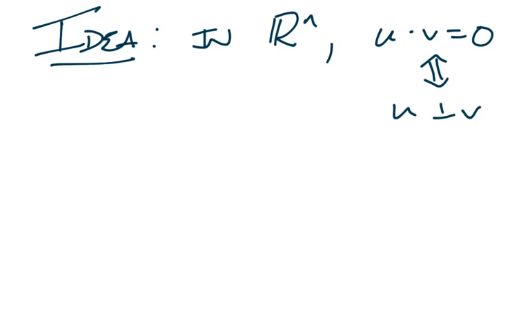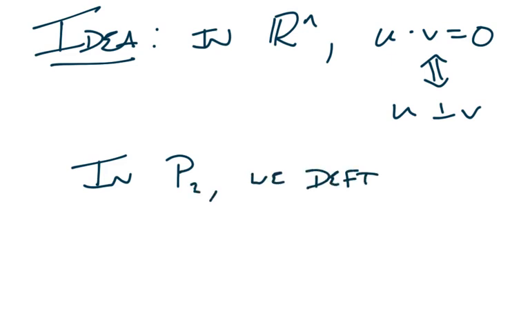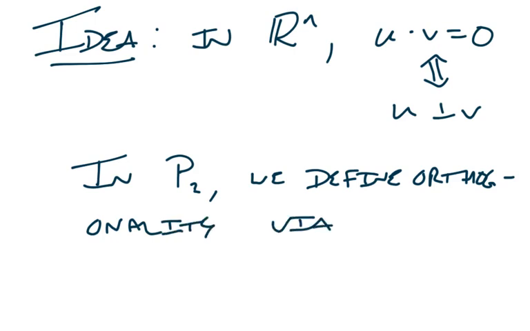And so what we can do now, if we're in P2, is define orthogonality via the dot product, or rather the inner product. Alright, so we say P is orthogonal to Q if their inner product is 0.